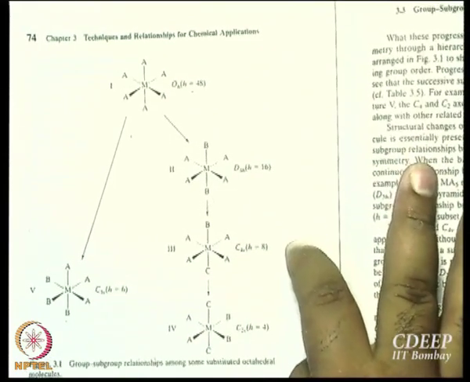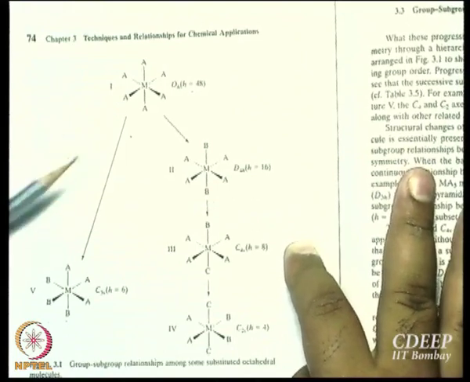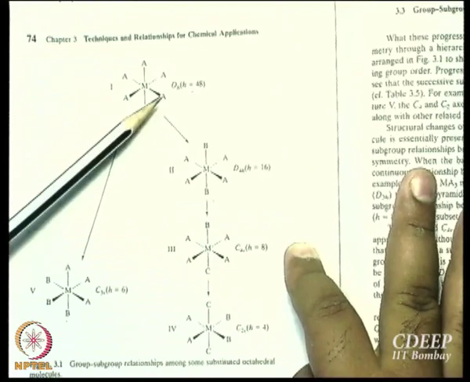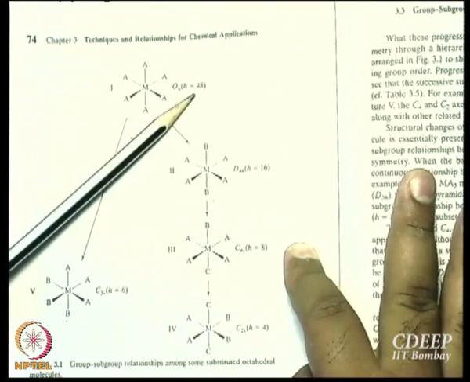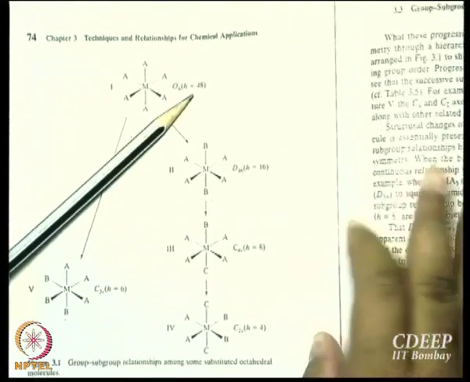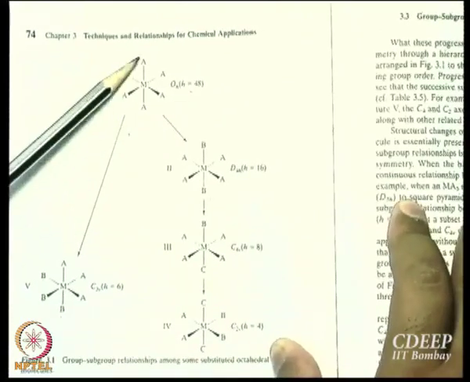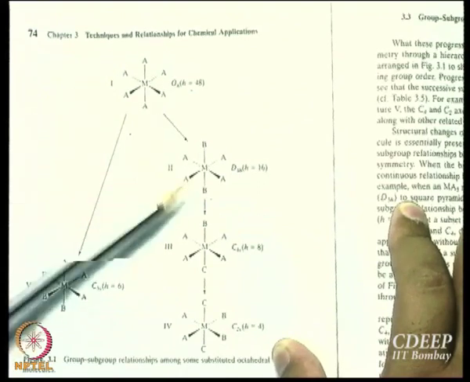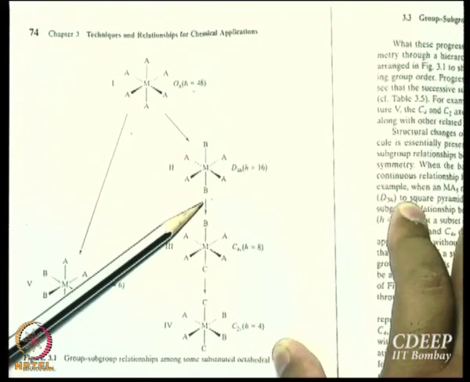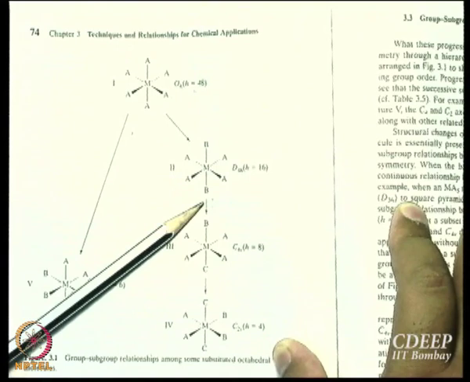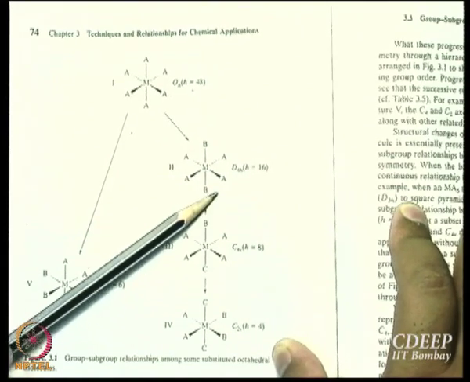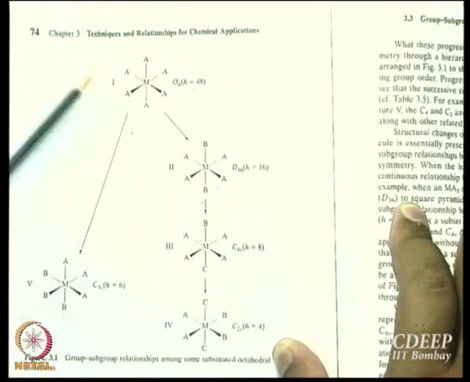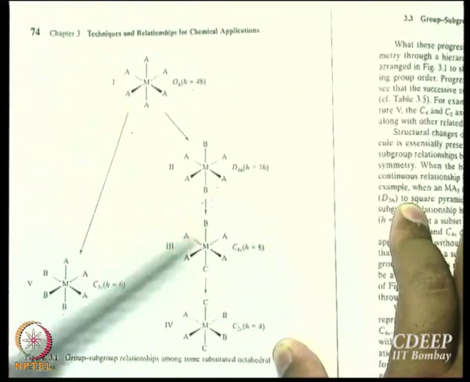So this is a manifestation of descent of symmetry. You start with Ma6, that is Oh, and order is 48. Then you substitute these two A's in axial position by B's. What is the symmetry point group now? It is D4h, and D4h is a subgroup of Oh.